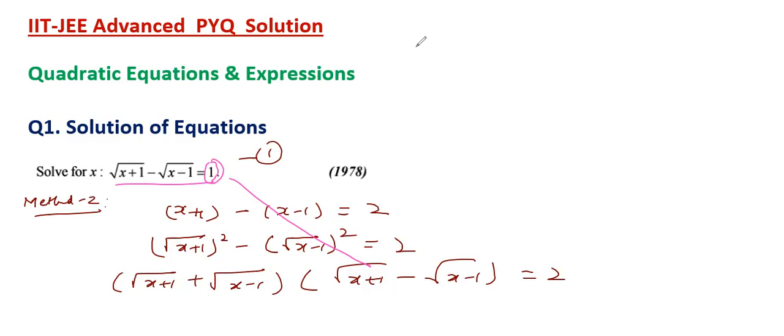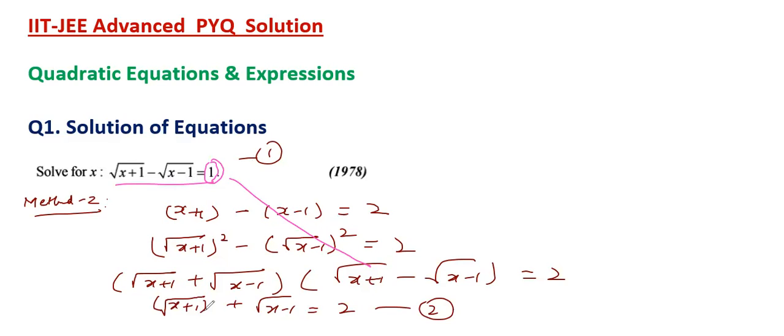So this into 1 is again 2. We get second equation. So we have two equations.